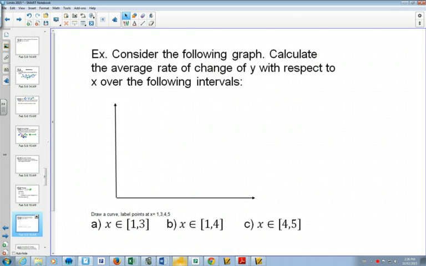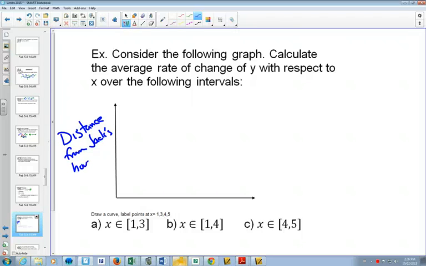So here we can make our own graph up. Let's say Jack is going to school, and this is distance from Jack's house, and we'll put time down here. Let's see what happens.